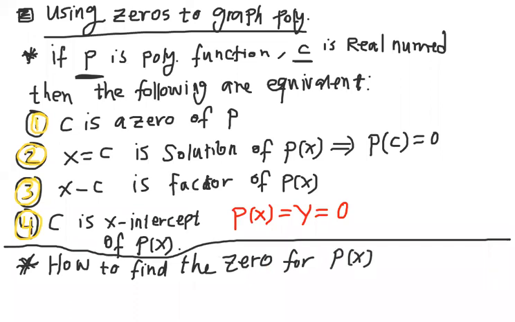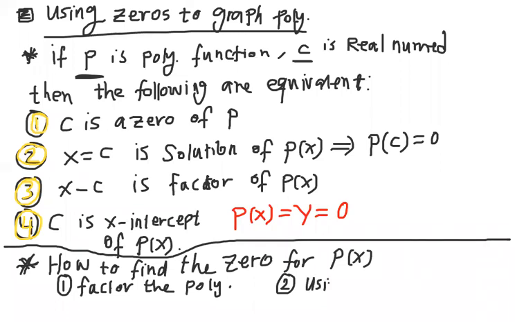We have two steps. First, you have to know how to factor the polynomial. After you factor the polynomial, you have to make p of x equal 0. It's called using the zero product property.